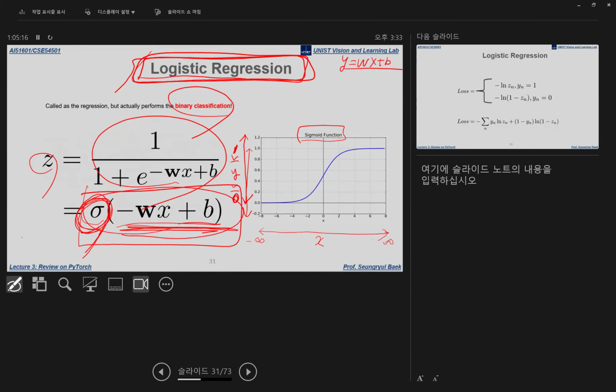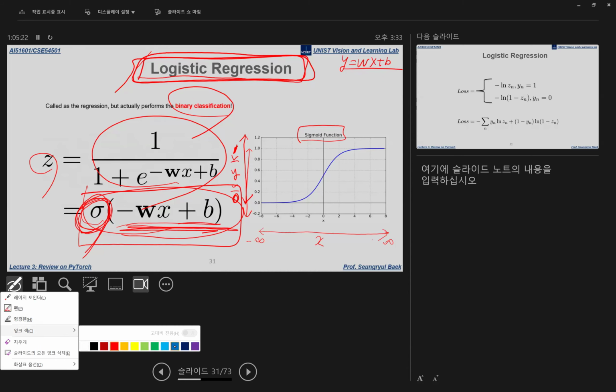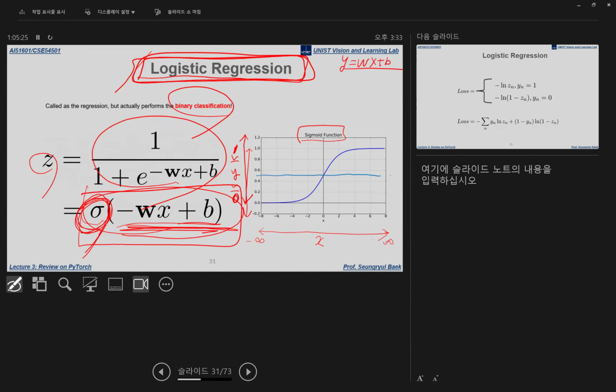Okay, and the thing we want to further achieve is that we threshold the output z value. If the g value is larger than 0.5, for example, then we say that the class is 1. And if the g value is less than 0.5, we call that sample the 0 class.